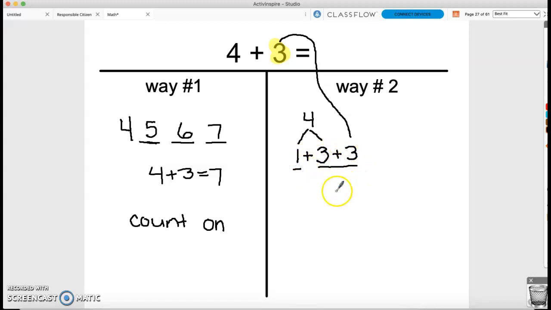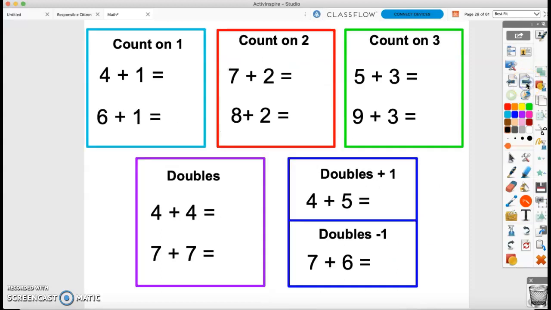Well, I know that 3 plus 3 is 6, plus I still have my 1 extra right here. So 1 plus 6 is 7. So 4 plus 3 equals 7. And remember, this one we used was called a doubles plus 1.